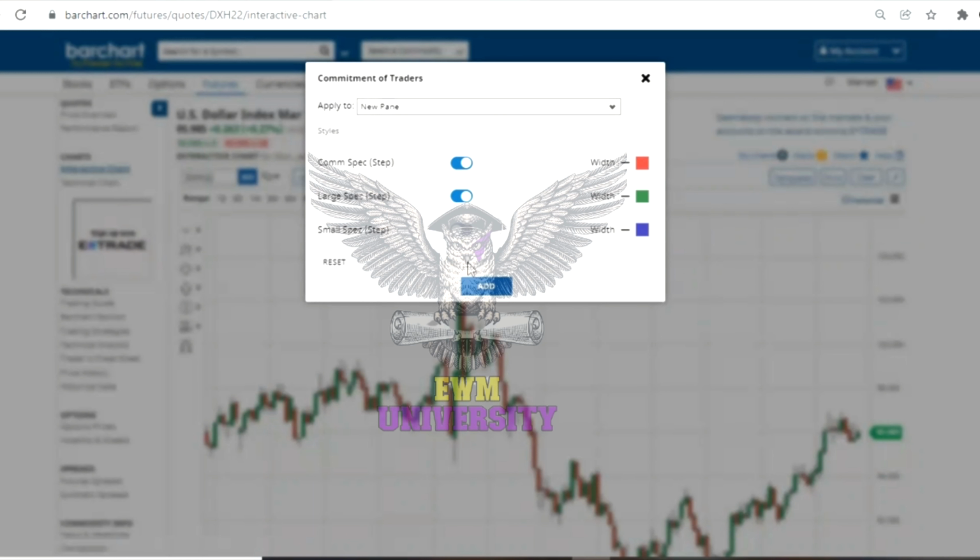It's important to know that it is the large speculators or large fund traders who are in opposition to commercial banks, the central and interbanks. That is their opposition in a sense.